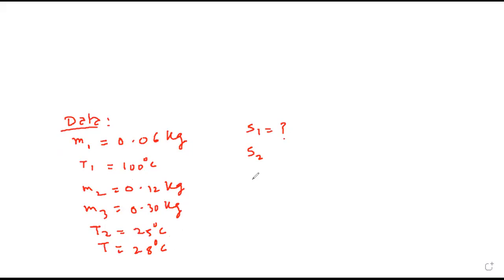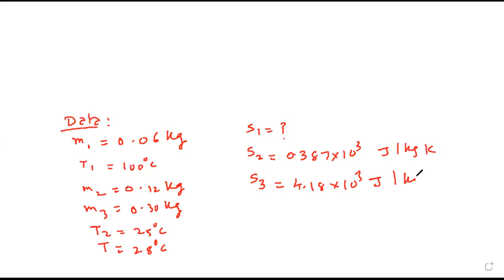Copper we have taken as 2, water we have taken as 3. So copper specific heat is 0.387 into 10 raised to 3 joule per kg Kelvin, and that of water 4.18 into 10 raised to 3 joule per kg Kelvin.